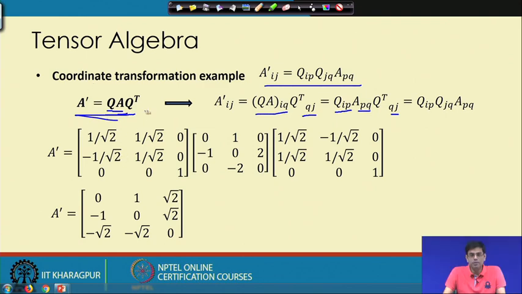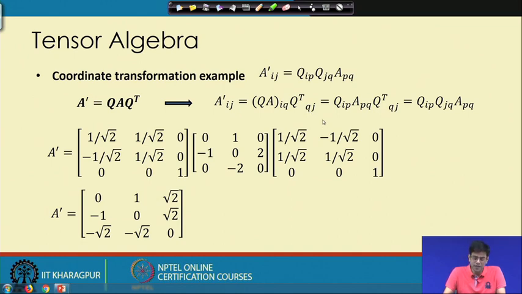This tensorial form is important because we do not have to keep in mind only the index form; given a tensorial form, we should always be able to write the index form, or given the index form, we should always be able to write the tensorial form. So, finally, once we know this form, A prime can simply be written as Q A Q transpose. This is an example of how we can transform the coordinates.